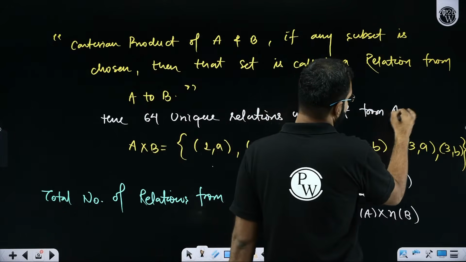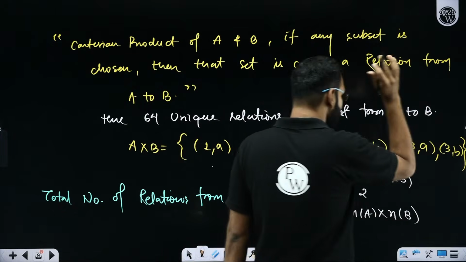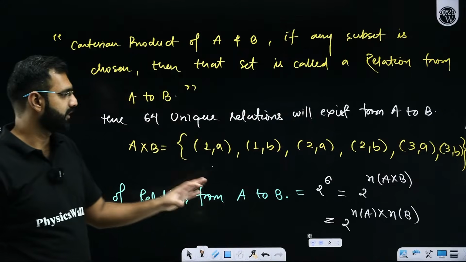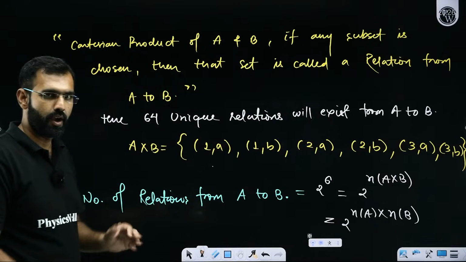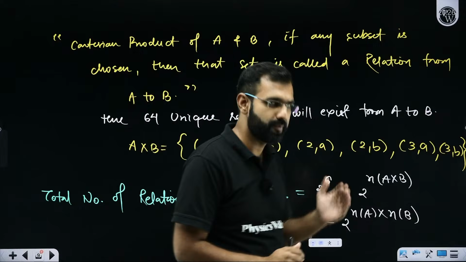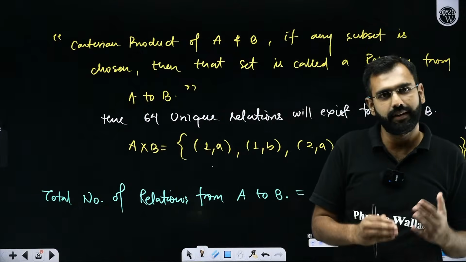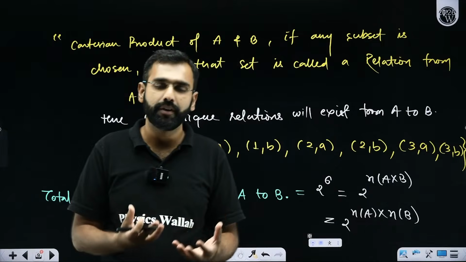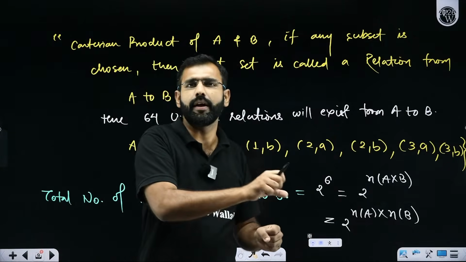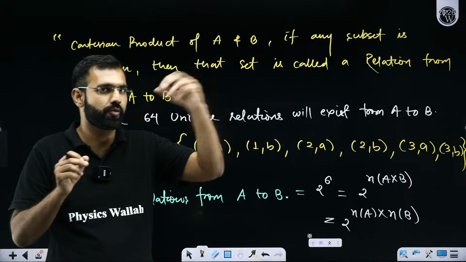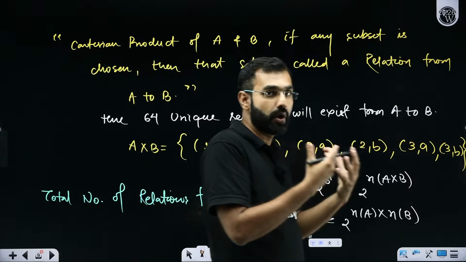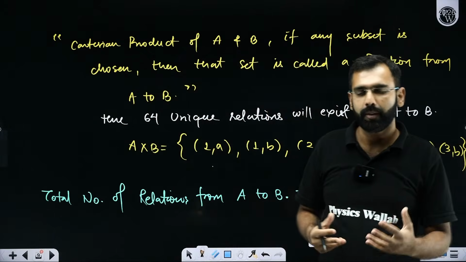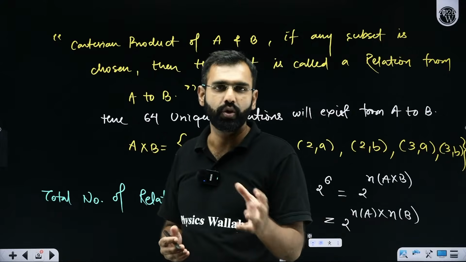from A to B. Everybody got everything, whatever I've said so far on this slide? All I've said so far is Cartesian product, sets and their Cartesian products. And then we discussed ordered pairs. Then we talked about fetching some elements from that Cartesian product. We defined it as a relation. And when we were talking about a relation, we talked about domain and range.